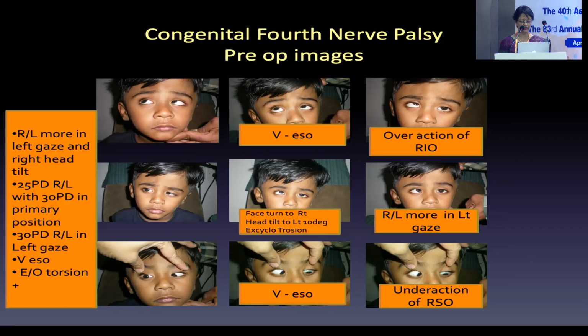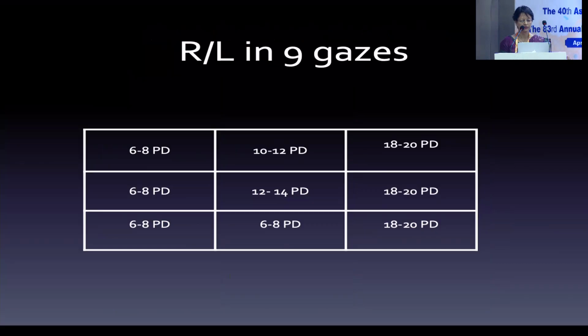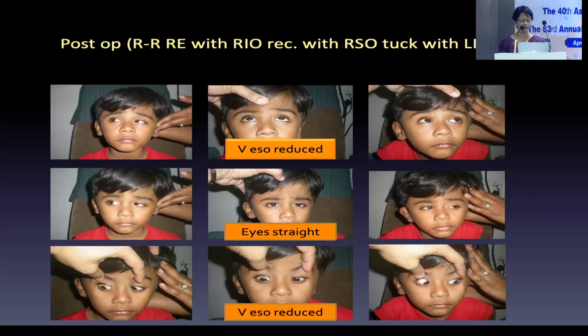There was a V-esotropia and evidence of torsion in both eyes. These are the R by L readings in the 9 gazes, which were more in the levoversion gazes, suggesting that the right superior oblique was more palsied.